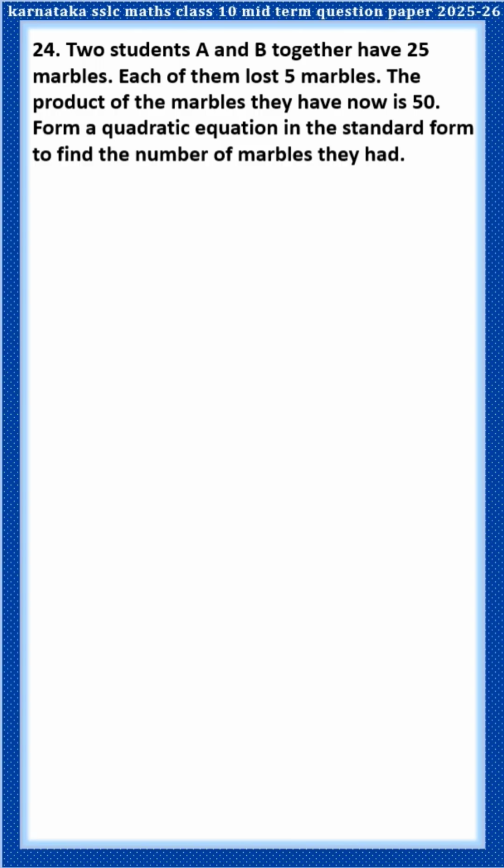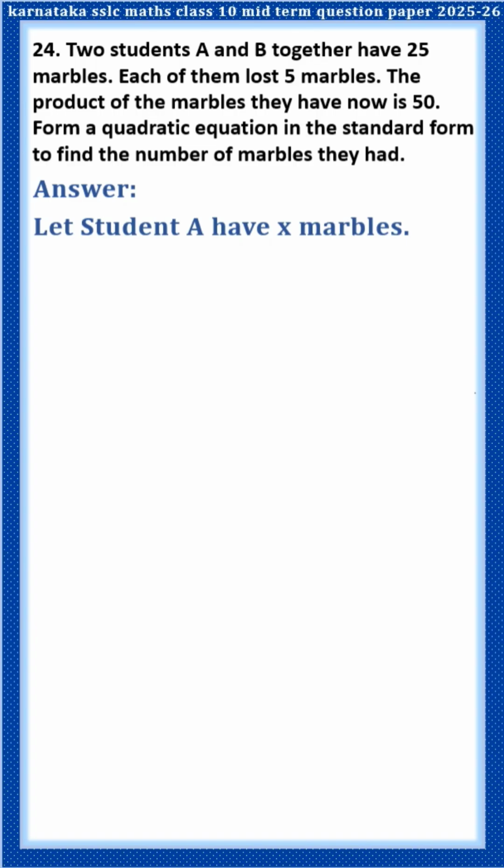Form a quadratic equation in the standard form to find the number of marbles they had. We are required to write the equation in standard form. That's all. Now let the number of marbles A has be X marbles.